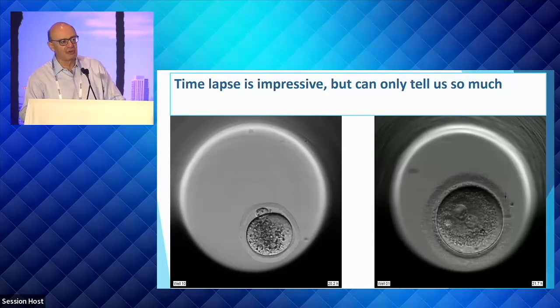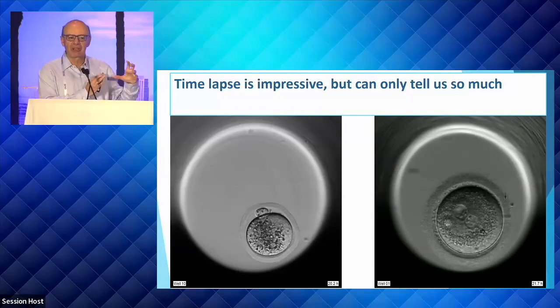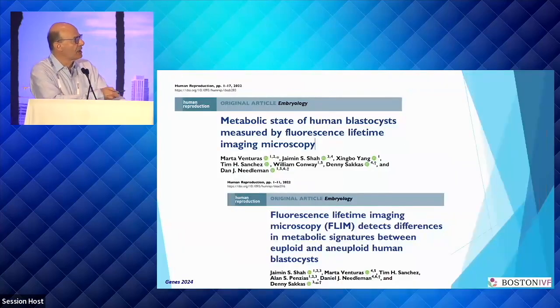Obviously, the size is different, but now we're using time-lapse imaging with artificial intelligence, which I'm sure you'll hear a bit later. But time-lapse still gives us a little bit of a black box, about what's actually going on underneath the skirts of the embryo. So time-lapse is super impressive, but it really can only tell us so much.